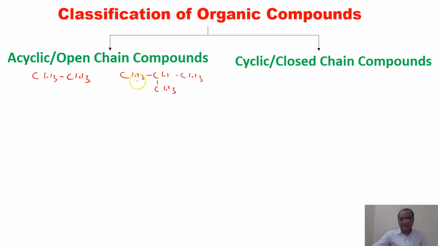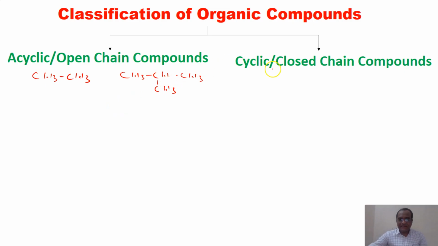So this structure is of isobutane. Why isobutane? There are 4 carbons, and at the second carbon it is having the CH3 attached to it. So it is a branched one. So it is also classified as an acyclic compound.